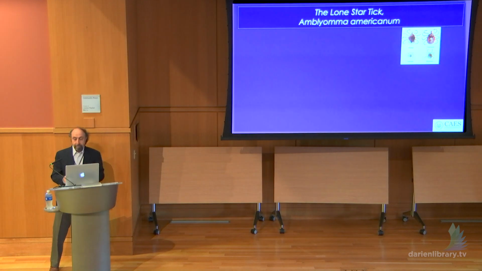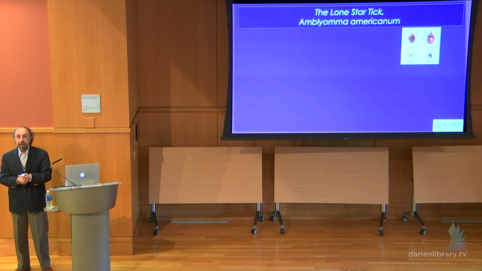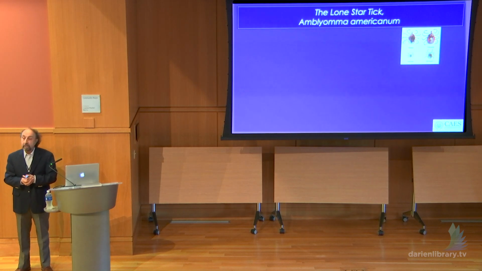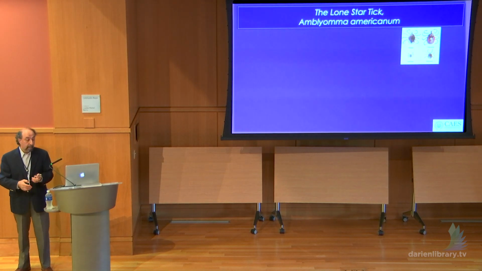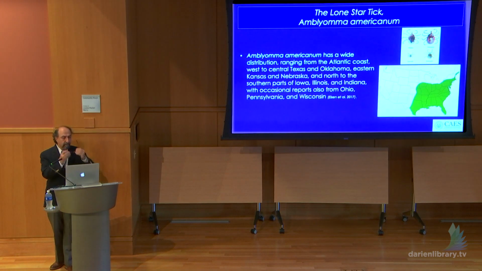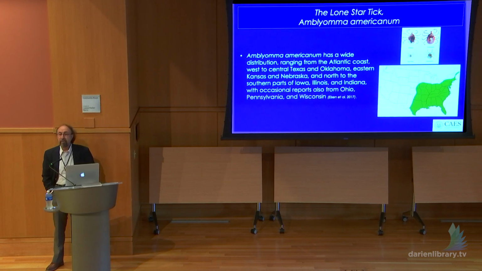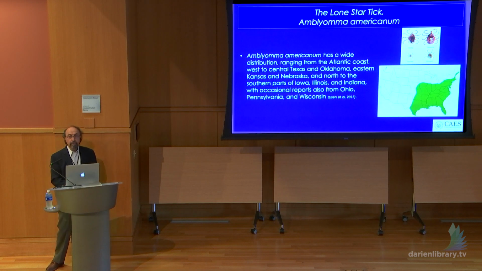So another tick species that we discovered here in Connecticut, in 2017, and reported in 2018, is the Lone Star tick. The Lone Star tick has a wide distribution, as you can see. It used to be distributed in the southeastern United States, but gradually it has moved up.